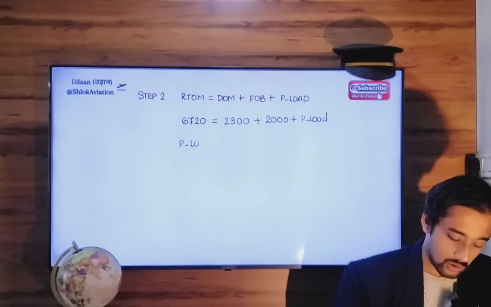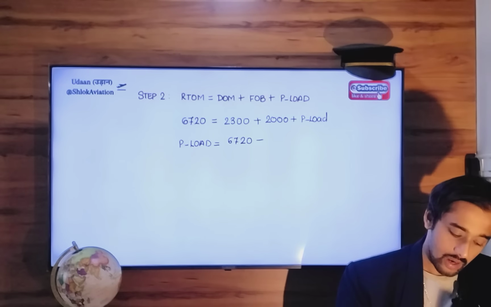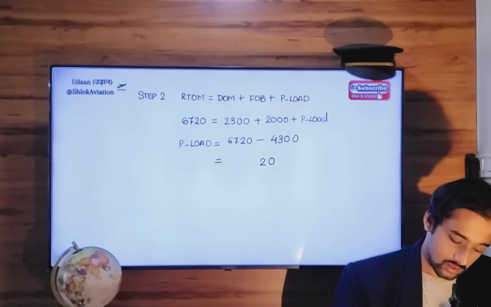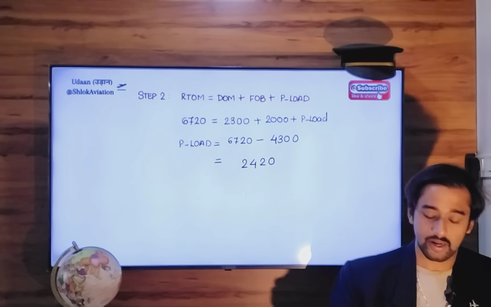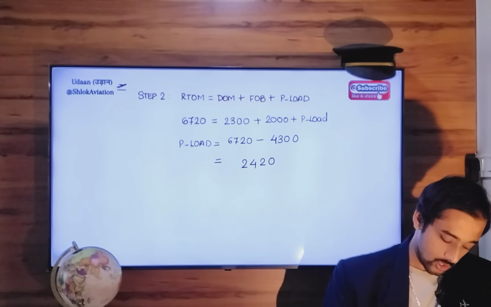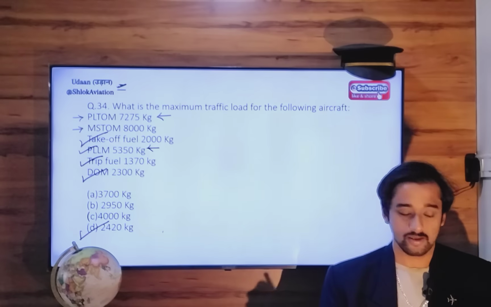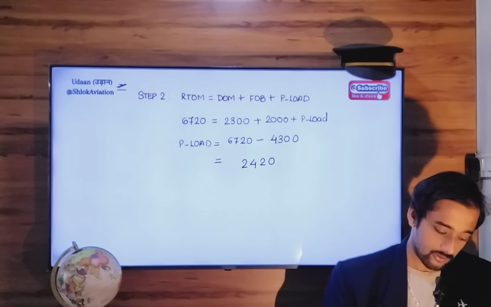Payload or traffic load will be equal to 6720 minus 4300, which is 2420. So the correct option will be option Delta, 2420 kg.